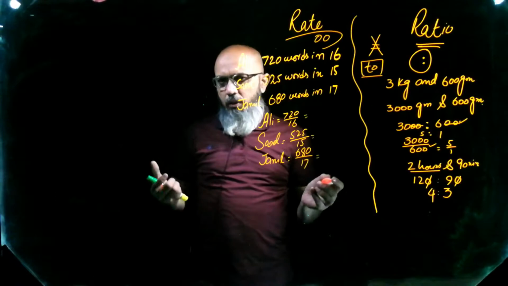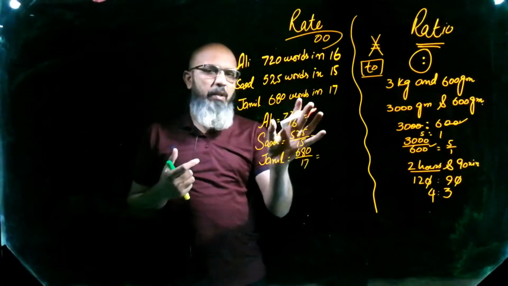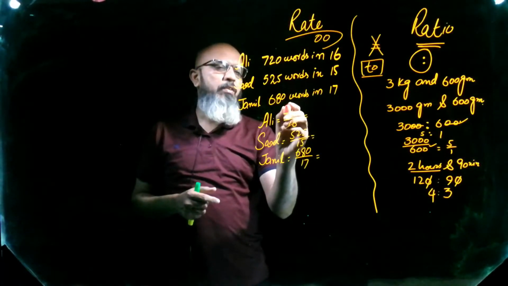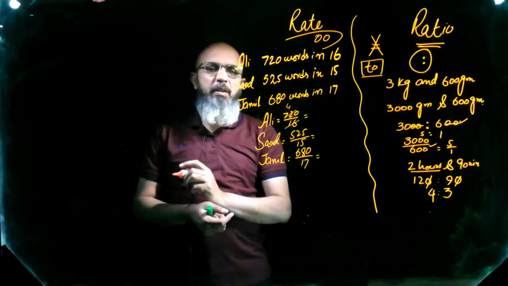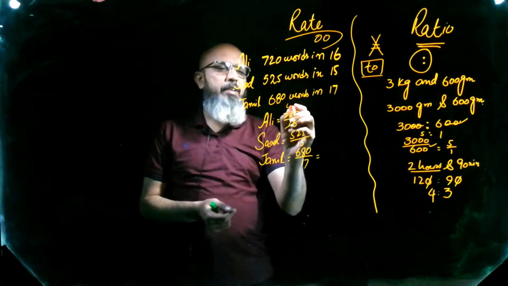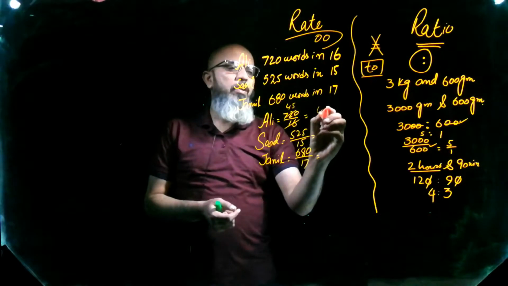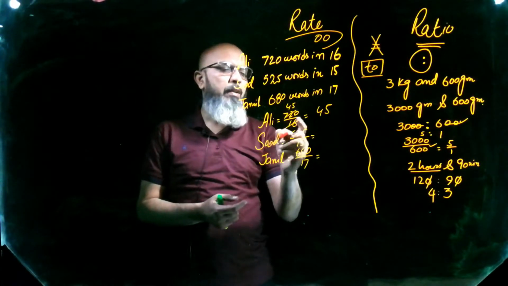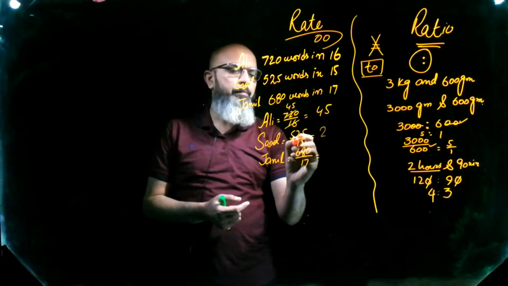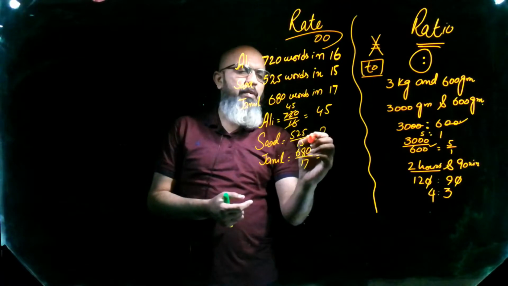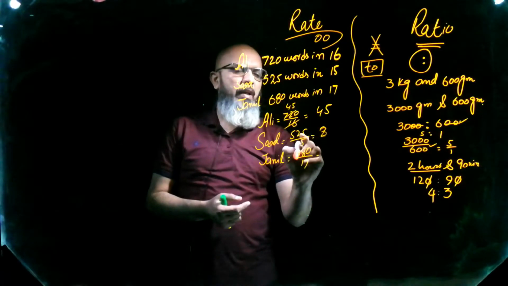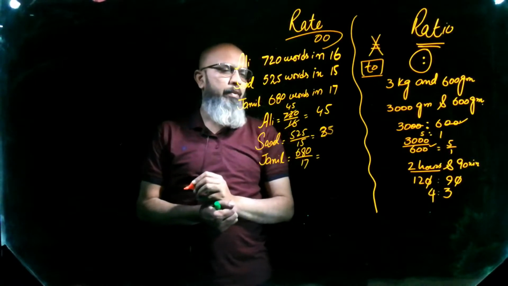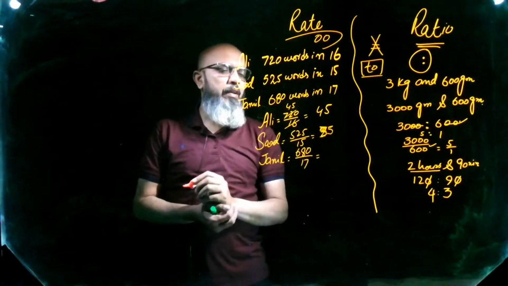Now you can divide it. If you are good in mental calculations, you can calculate it mentally. It's very easy. Like this one, 16 4s are 64, and 8 is left, 16 5s are 80, so 45 words per minute. That is the rate. Similarly for Saad, 15 3s are 45, 15 5s are 75, so 35.